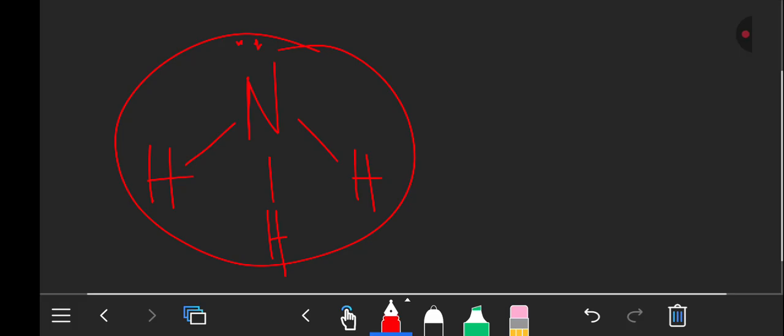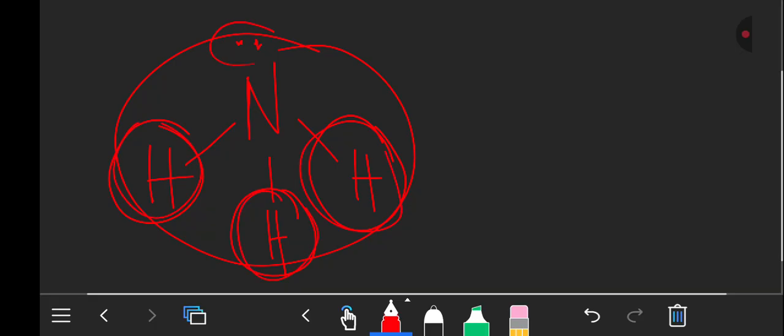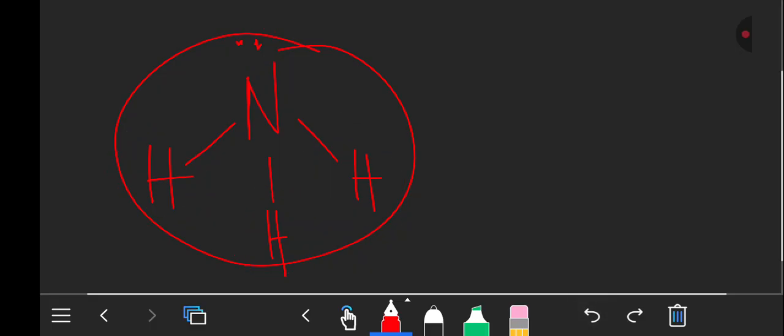So to identify or to show the hybridization of ammonia, you need to count how many things are attached to it. We can see that there are 3 hydrogens attached to this nitrogen, and we have just 1 lone pair.